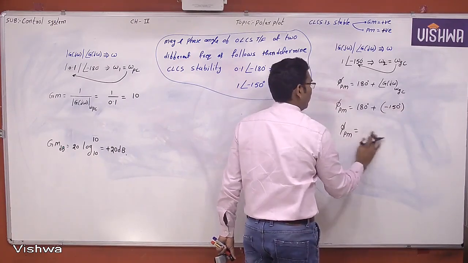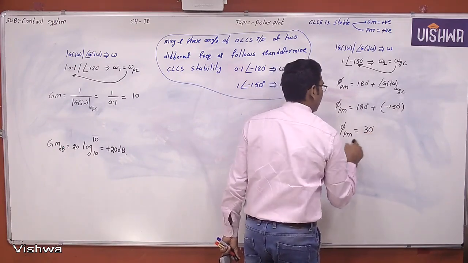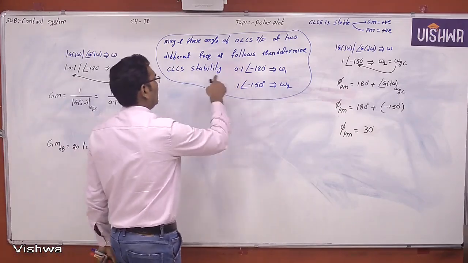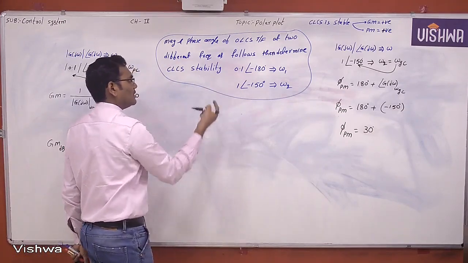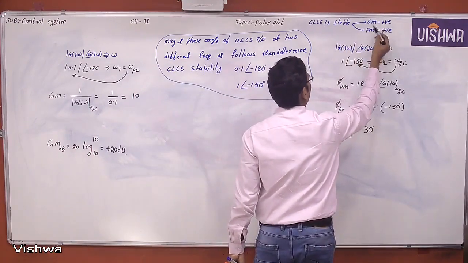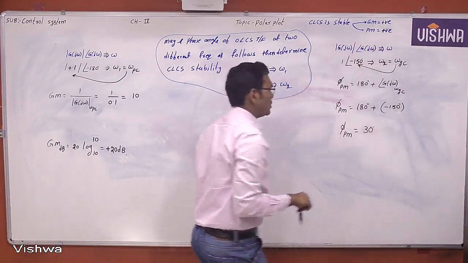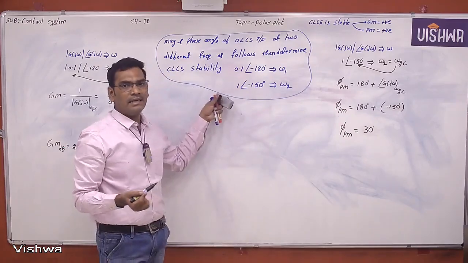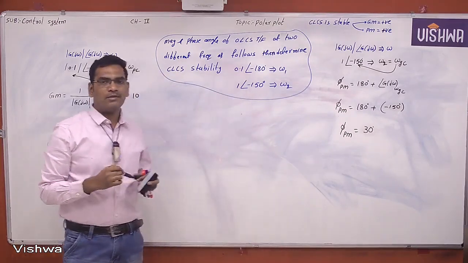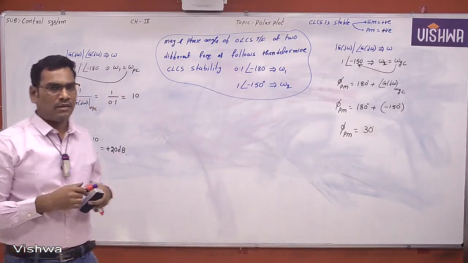Therefore, the phase margin is 30 degrees. When phase margin is positive and gain margin is positive, the closed loop control system is stable. Whenever he gives the relations, you can find the closed loop control system stability in this manner. Okay, note this.